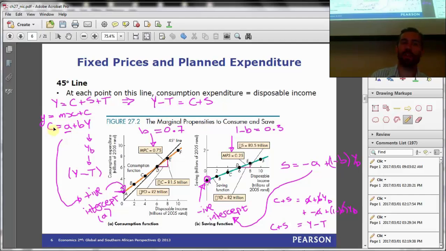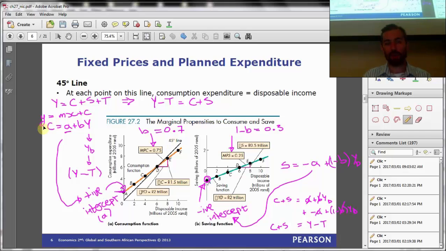Essentially, we have a theory that consumption is dependent on income. So we write consumption is equal to A plus B times income. B is the proportion of our income that we consume, the proportion of a change in income that we consume. A is just some amount of consumption that we will be embarking upon, regardless of whether we have any income or not. And we discussed that in great detail.